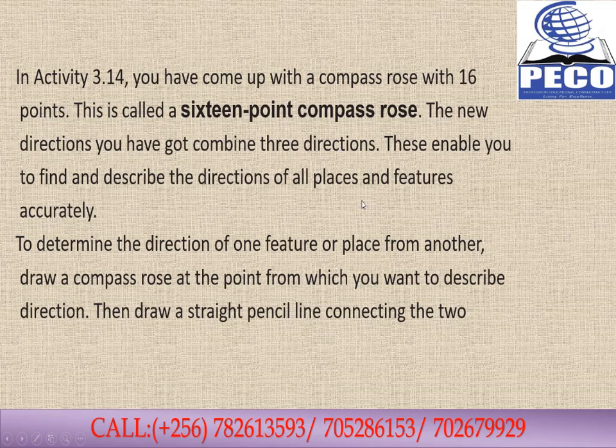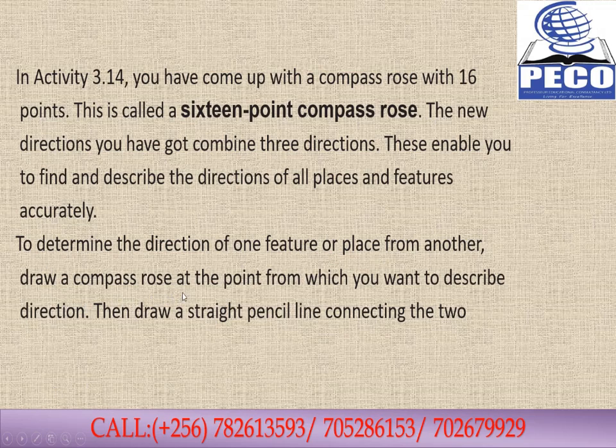So if we say find the direction of point A or feature A from feature B, it means the compass rose is going to be drawn at B, and then we determine the direction of feature A from feature B. If it is find the direction of feature B from A, it means we draw the compass rose at A, and then we see, according to our 16-point compass rose, what would be the most appropriate direction of B from A.